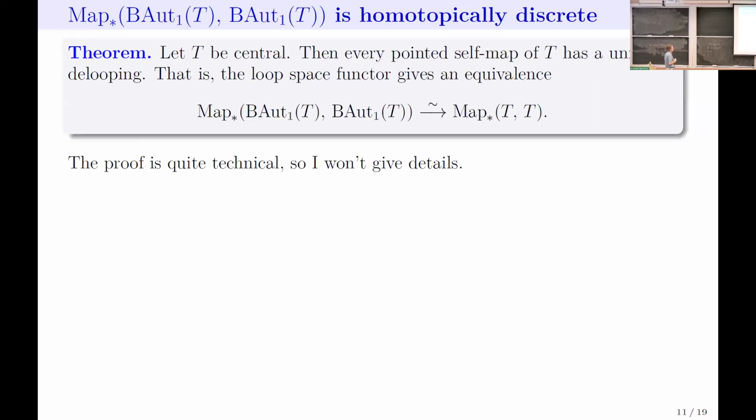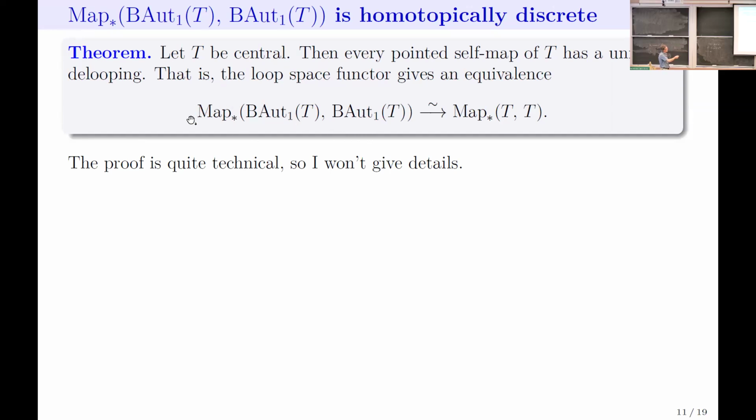Okay, so I thought I had them in the other order, but I think I swapped them and then I forgot that I swapped them. So anyway, I'm doing the homotopical discreteness first. So the way we show this, and this is still joint with the same group of people, is that every pointed self-map of T has a unique d-looping.